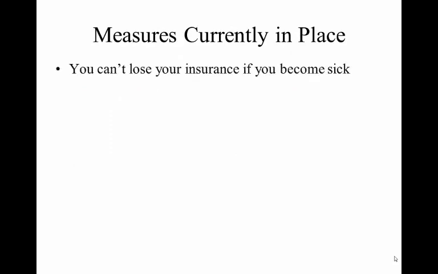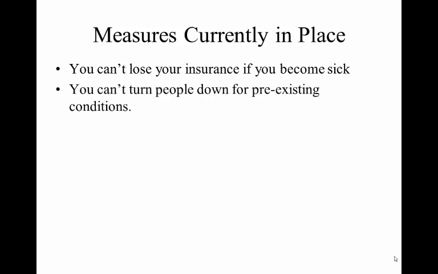Okay, many measures of the Affordable Care Act are currently firmly in place. First of all, you can no longer lose your insurance if you become sick. Second, insurance companies can no longer turn people down for pre-existing conditions. And finally, there's no lifetime cap on payments.